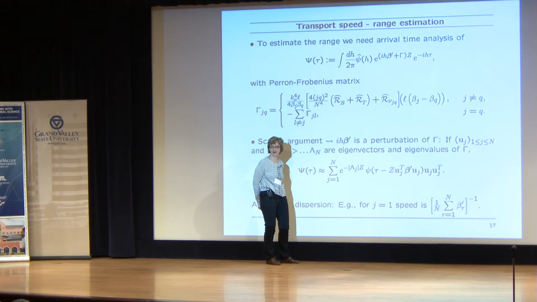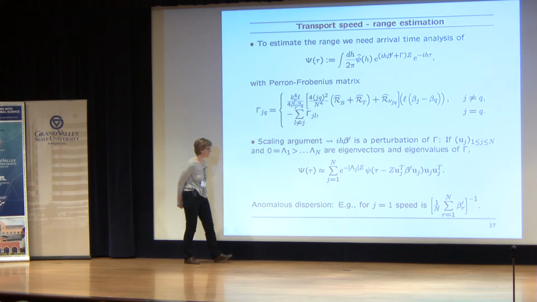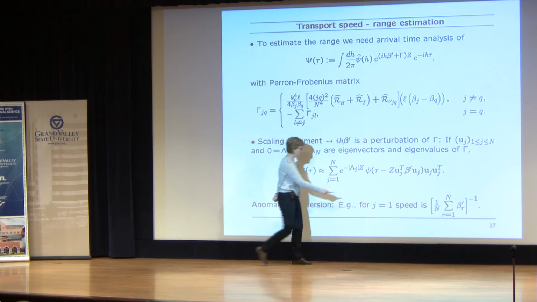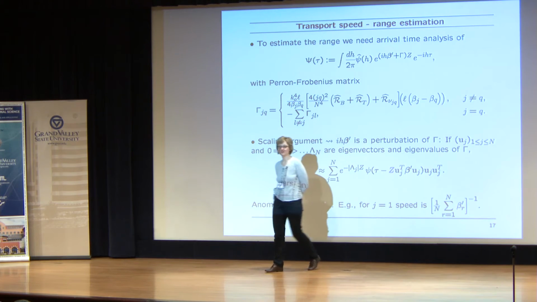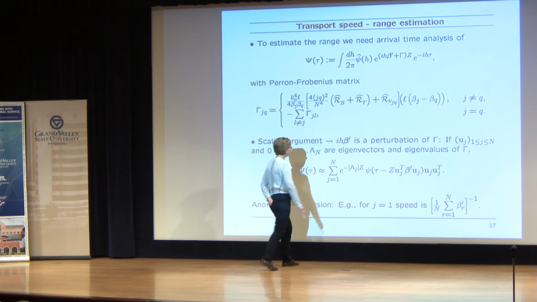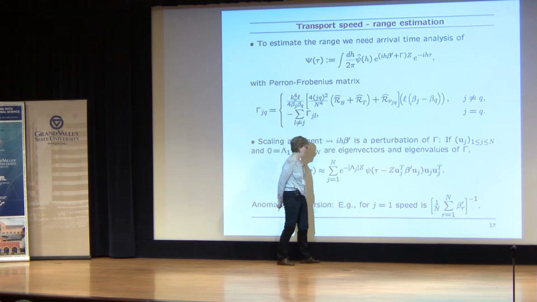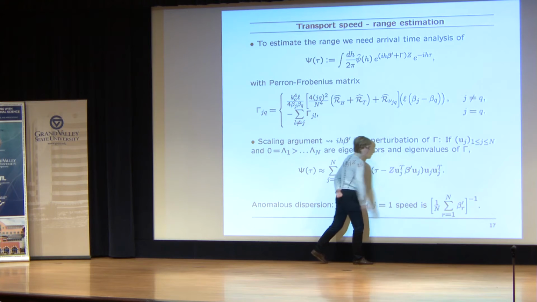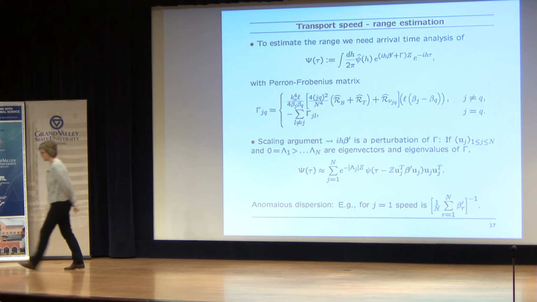So the leading term corresponds to lambda equal to 0, so that is in the null space, and the speed at which this component propagates is given here. So it's the harmonic average of the deterministic speeds, okay? And then different other components, which decay faster and faster as the index j increases, propagate at a different speed. Okay, so you have an anomalous dispersion in the waveguide. And this is how it looks like.